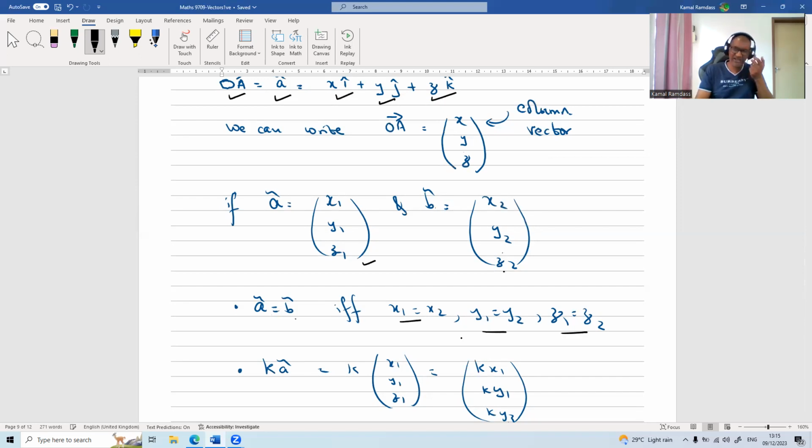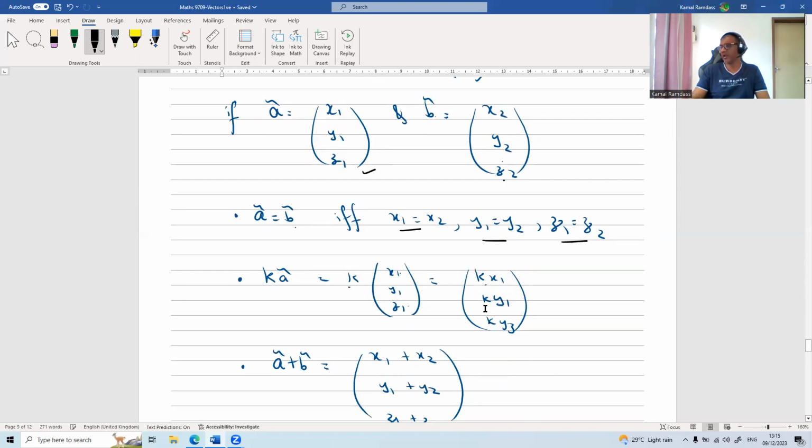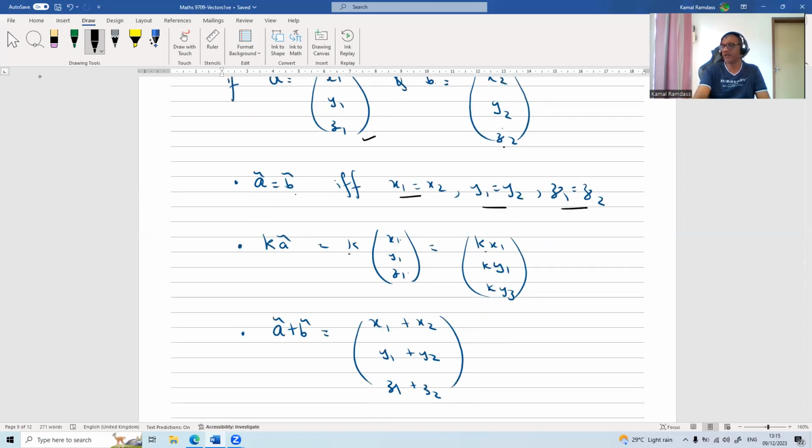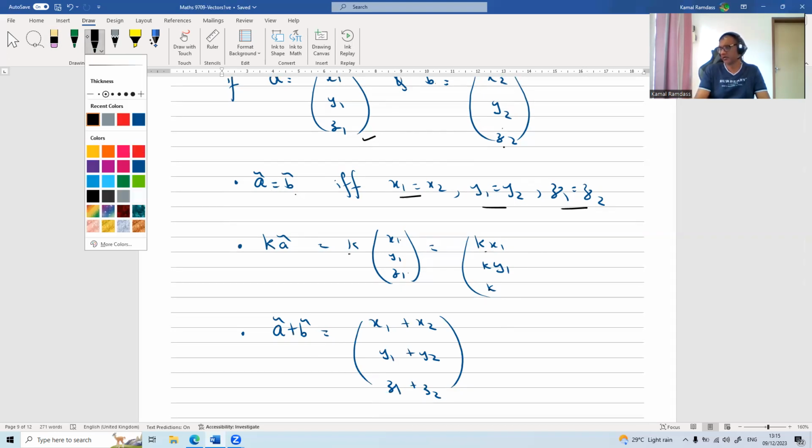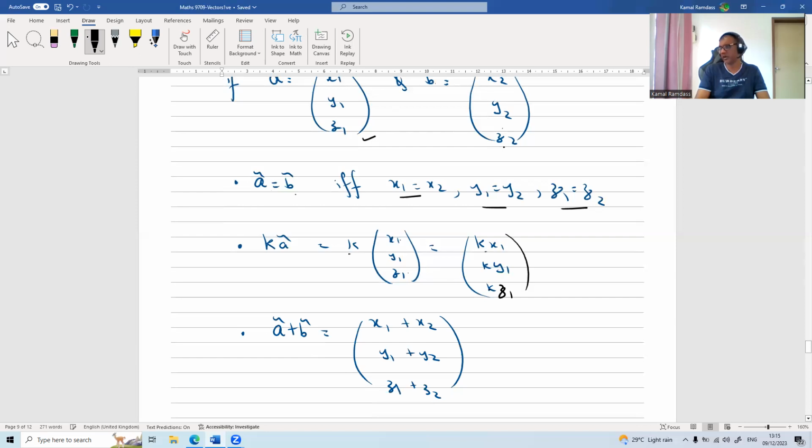Multiplication by a scalar, k A bar is equal to k x1, k y1, k z1. OK.